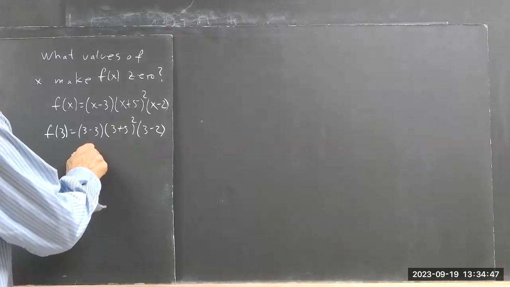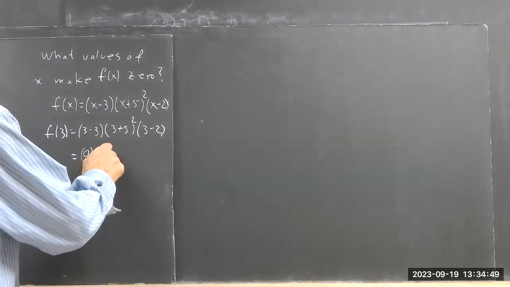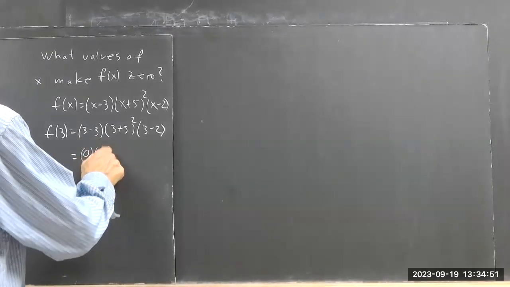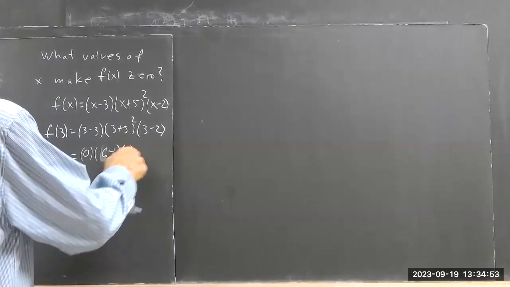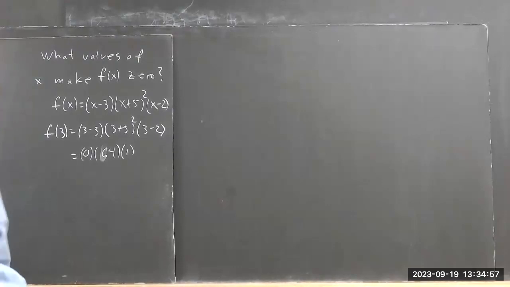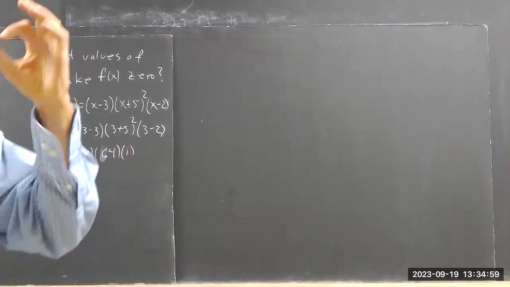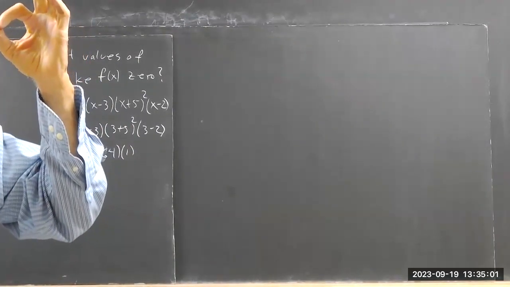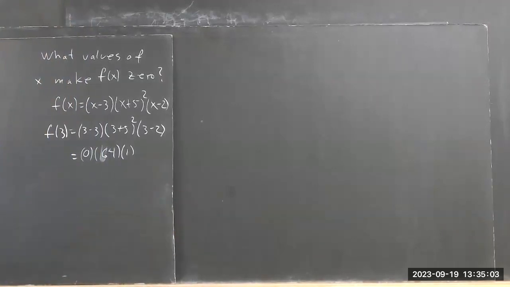If you evaluate this, you get 0 times, well, 64 if you square it. What's 0 times 64 times 1? 0, isn't it? Okay. So this makes f of x 0.